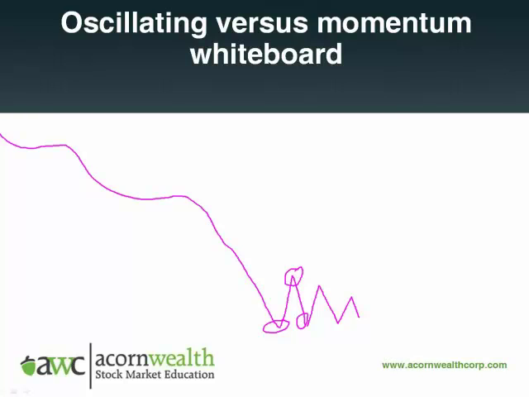And these can all be very good systems of identifying when a stock has reached the bottom and is possibly about to go straight back up again. And as an oscillating trader, we would be buying right there at the bottom and selling on the way up. Okay, let's move on.